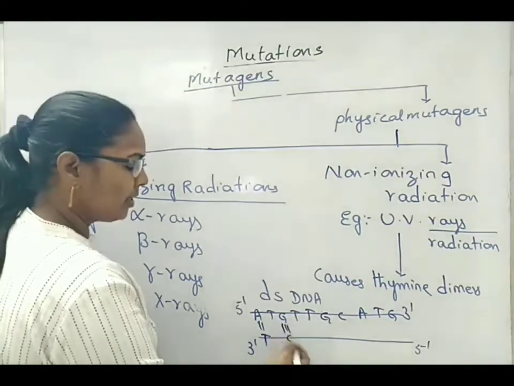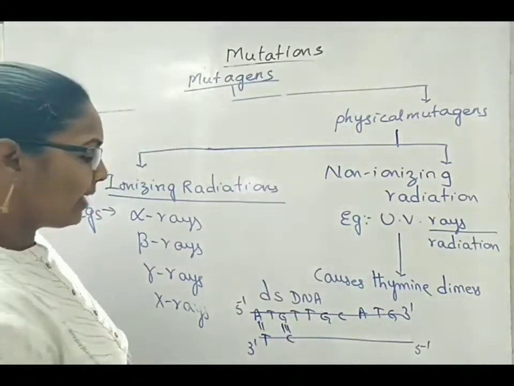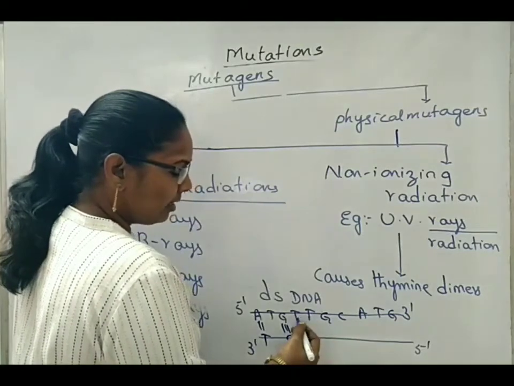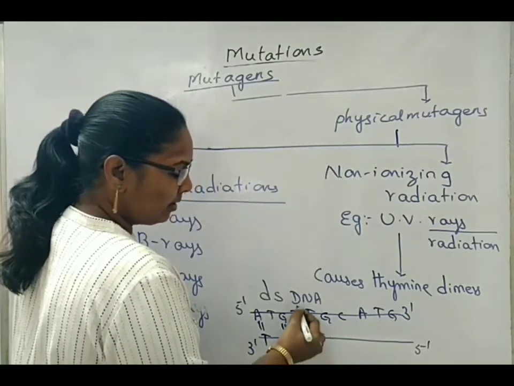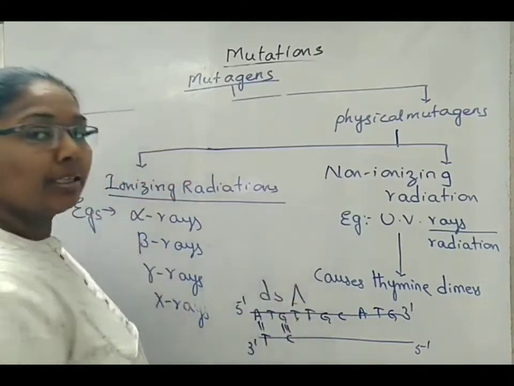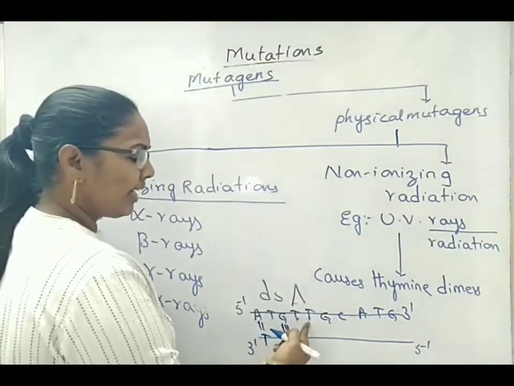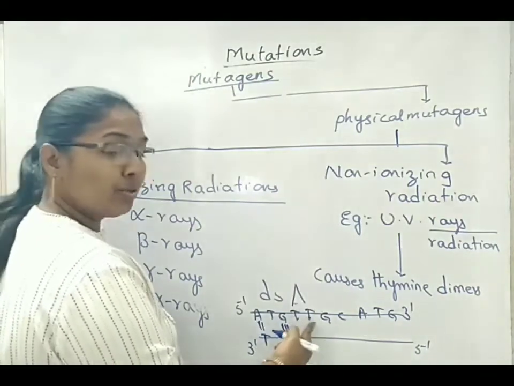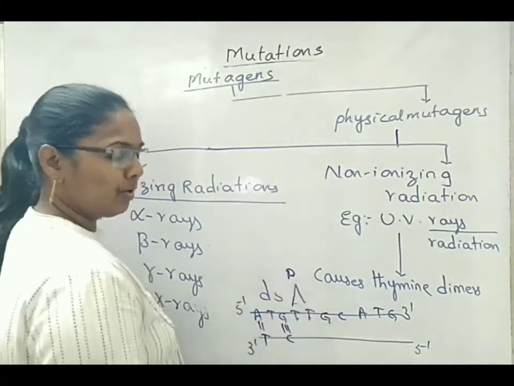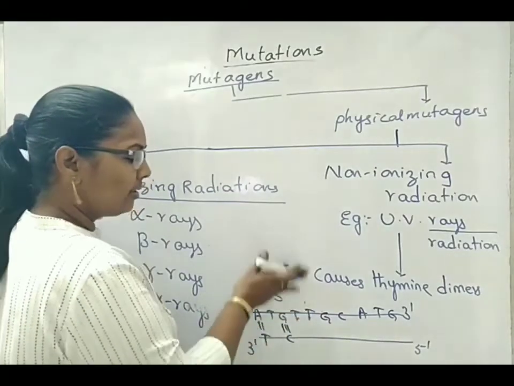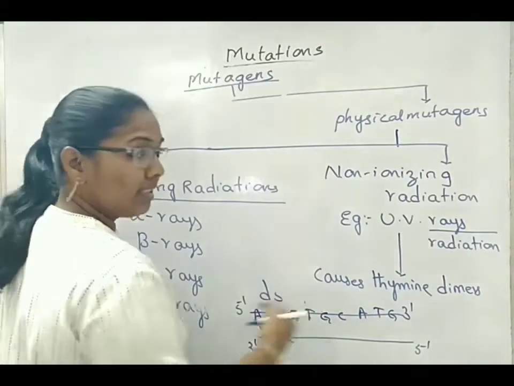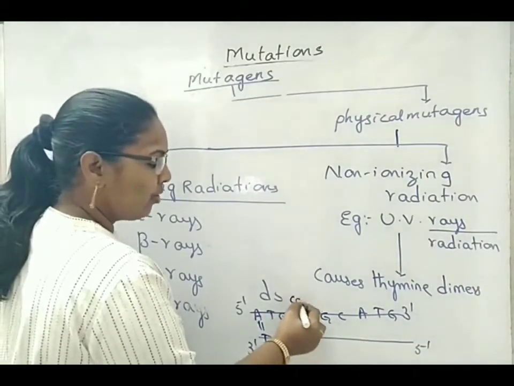For guanine, it will be a triple bond with cytosine, etc. Between one nitrogen base and another on the same strand, there should be a phosphodiester bond connecting two side by side nitrogen bases. But instead of that, between two thymines, meaning two nitrogen bases on a single strand, there occurs a covalent bond.